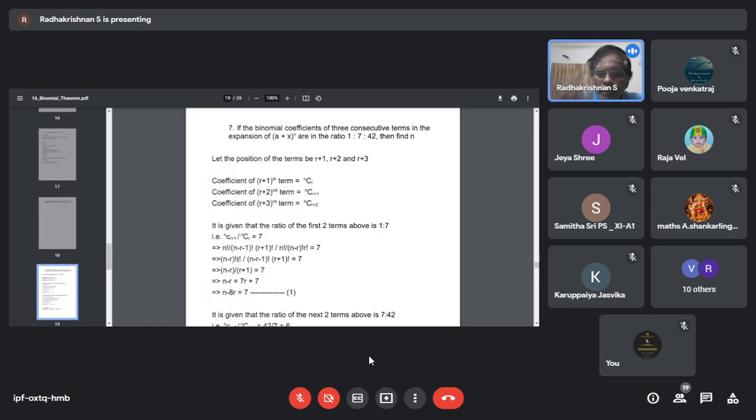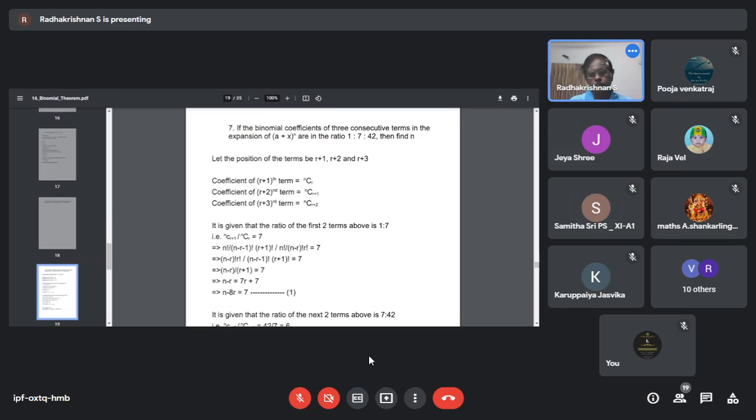So always, if you write a plus 1 factorial divided by a factorial, you get a plus 1, because it will cancel. So this becomes n minus r. The same logic: r factorial by r plus 1 factorial becomes r plus 1.